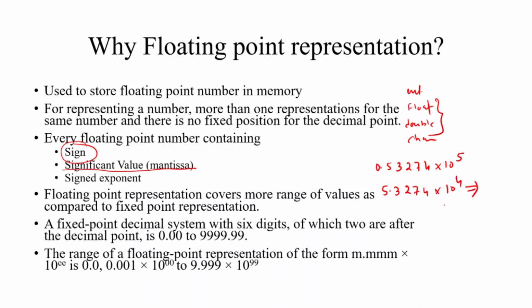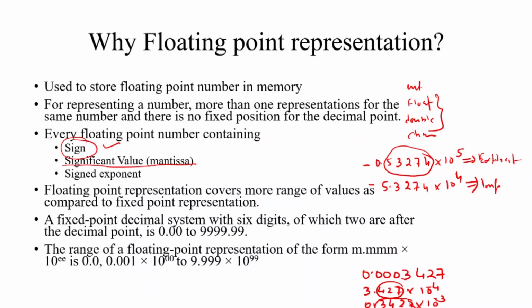This is known as explicit normalization and this is known as implicit normalization. Suppose this number is a negative number. So a floating point number contains a sign bit, the significant value known as the mantissa, and the signed exponent.